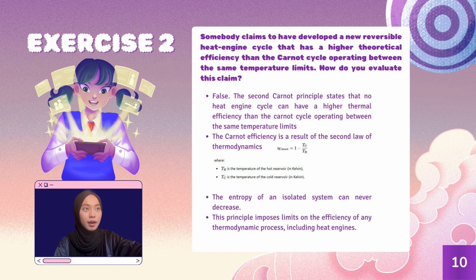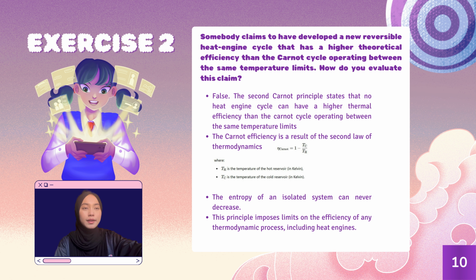To illustrate, the Carnot efficiency is a result of the second law of thermodynamics, where the Carnot efficiency is equal to 1 minus Tc over Th, where Th is the hot reservoir temperature in Kelvin and Tc is the cold reservoir temperature in Kelvin, also known as TL.